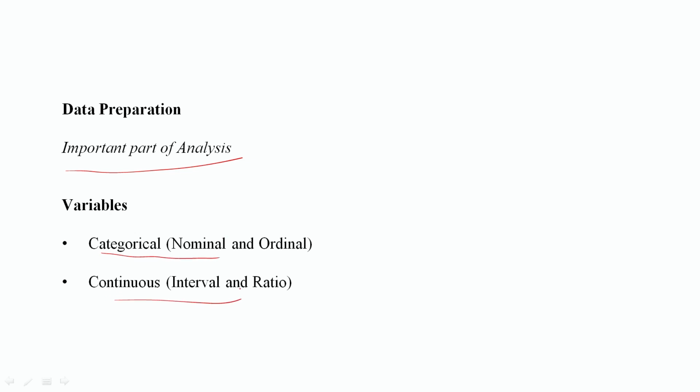For example, I have a question that asks the name of an individual. Does it have any meaning when we do quantitative analysis? Generally, no. So we can put it as a nominal variable.